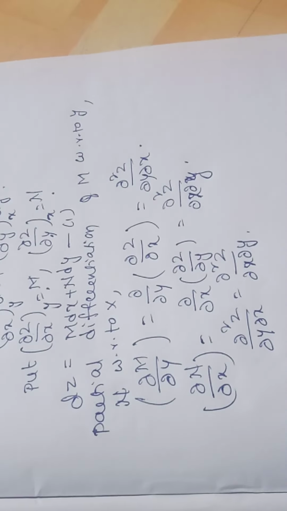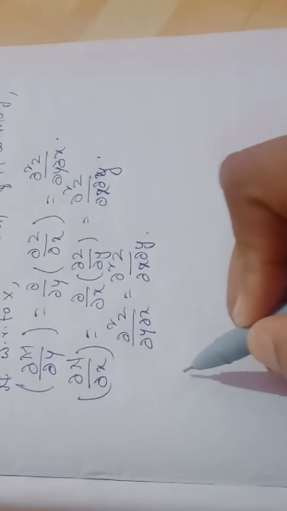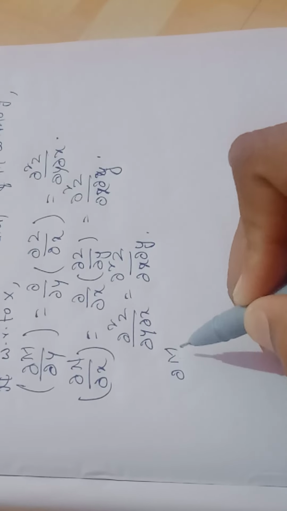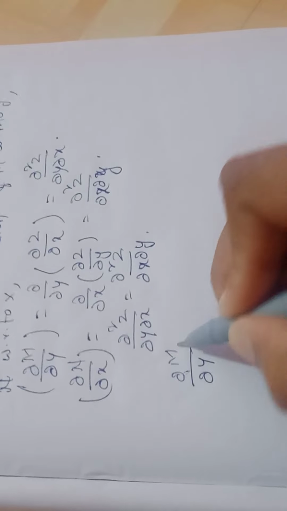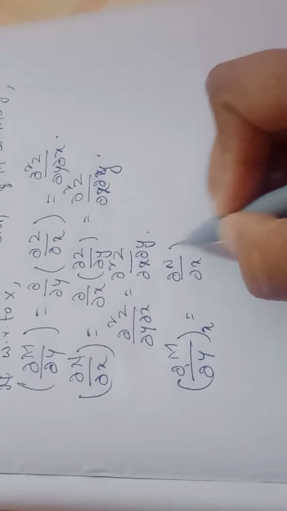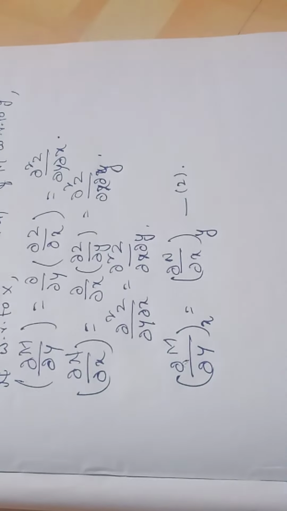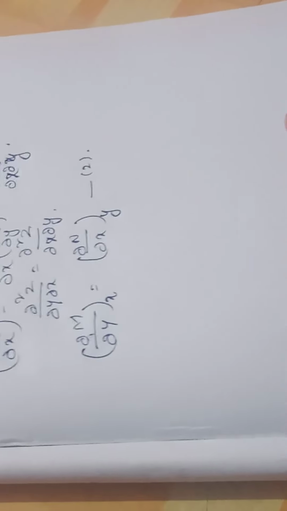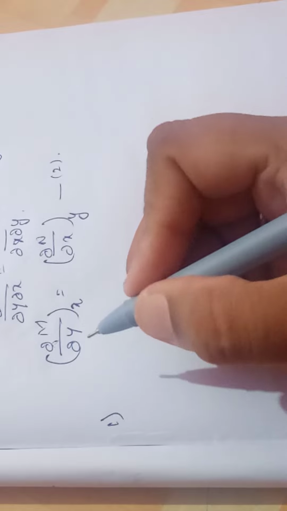And from this we can write dou M by dou y at x is equal to dou N by dou x at y, right?